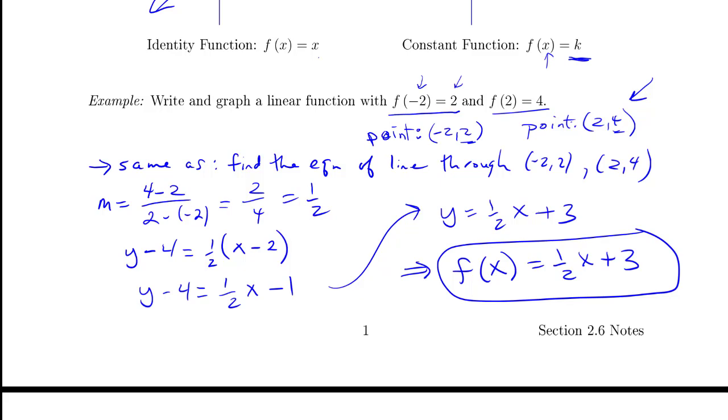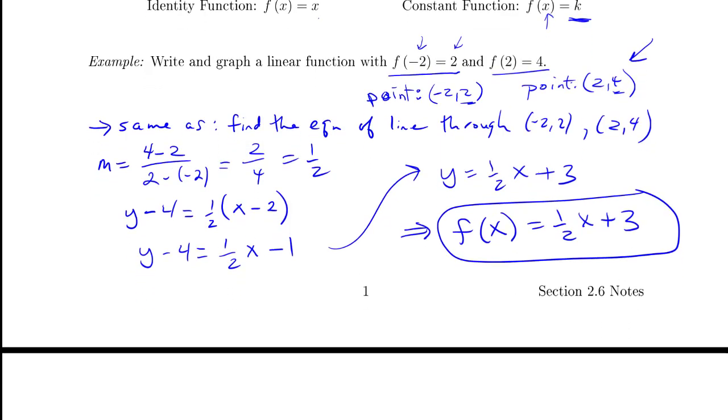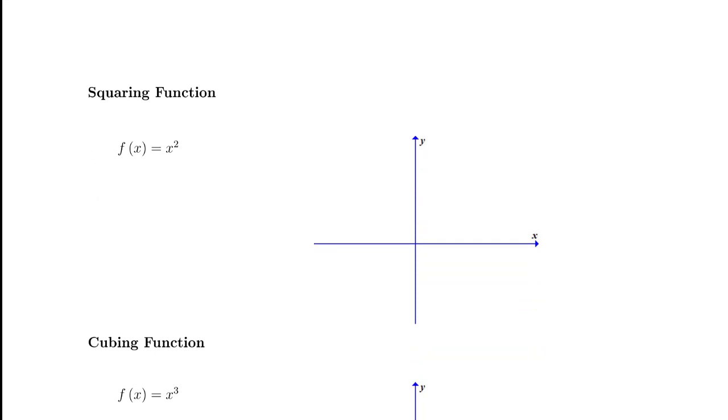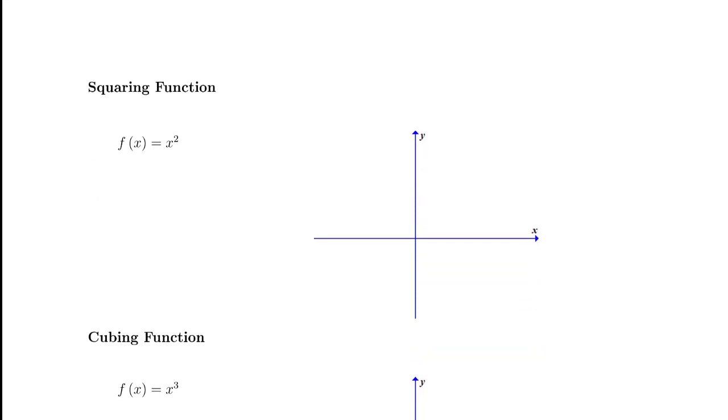So those were the linear functions in general. Now let's take a look at some more very specific functions. The squaring function, f of x equals x squared, is very important. We want to know what the basic graph of that looks like. So right now I'm talking about just basic sketches of the graph. If I just wanted to know what the basic picture looks like, it looks something like this.